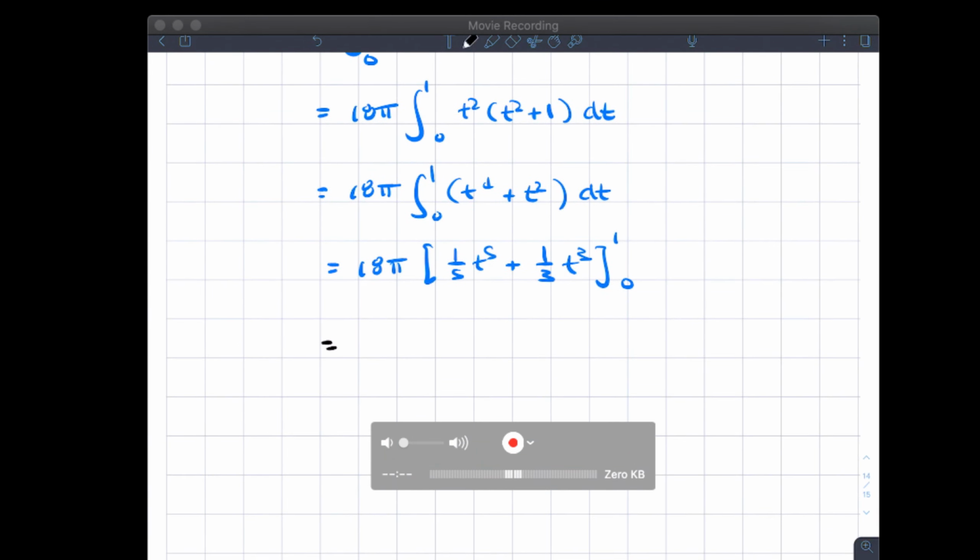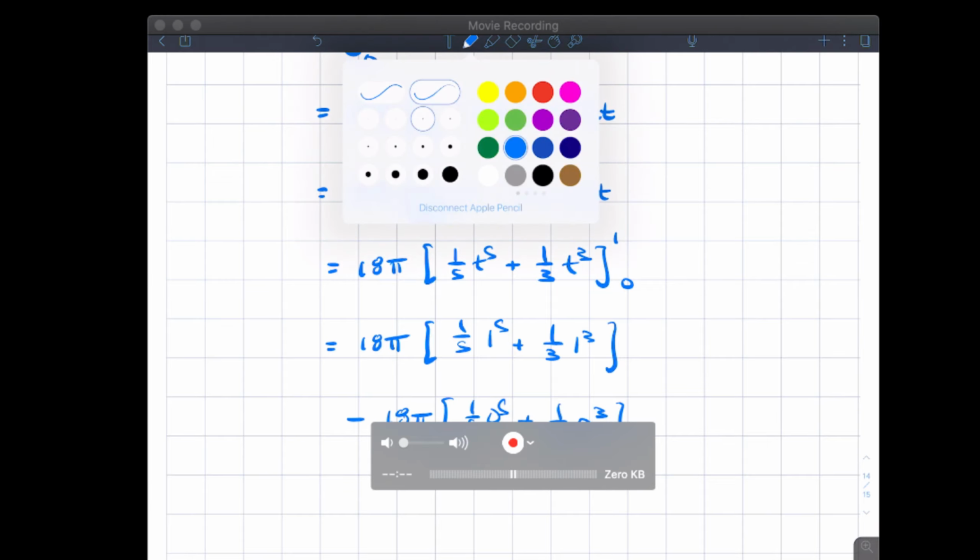So we say this is going to be 18 pi times (1/5 to the 5th plus 1/3 1 cubed) minus 18 pi times (1/5 0 to the 5th plus 1/3 0 cubed). You guys know what happens here.